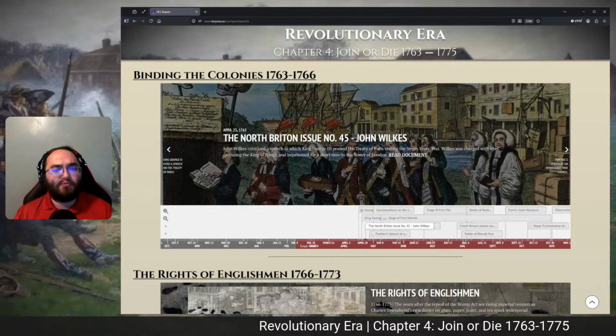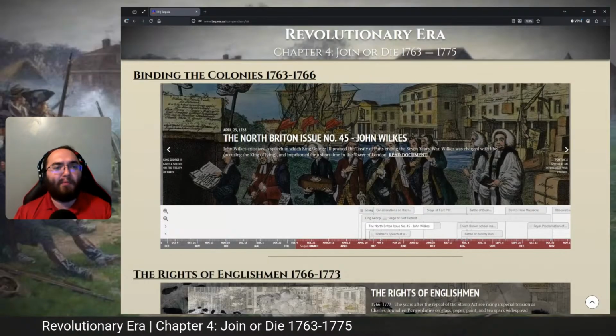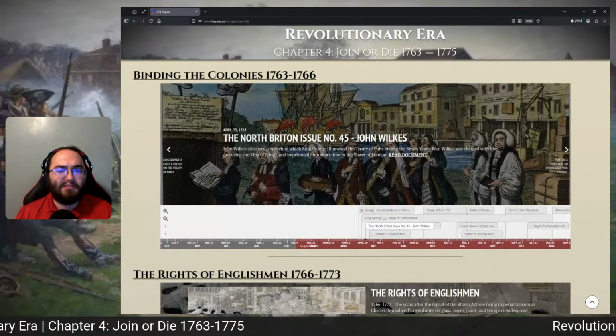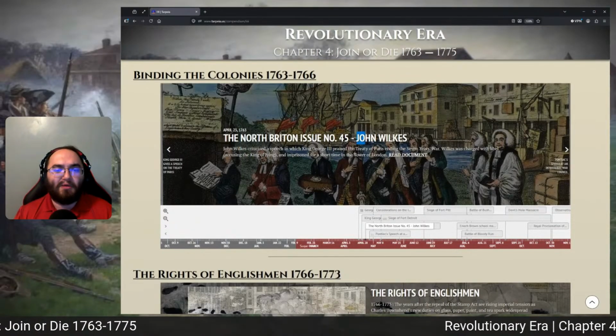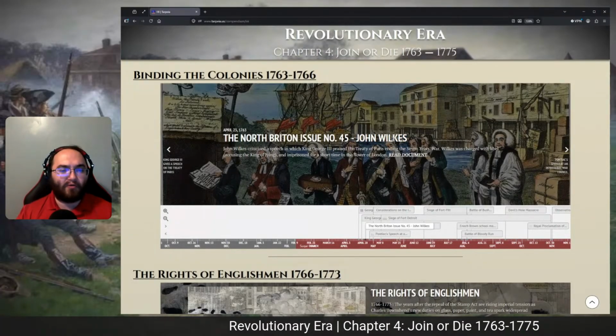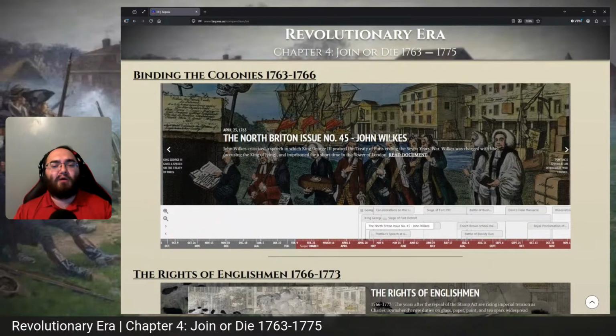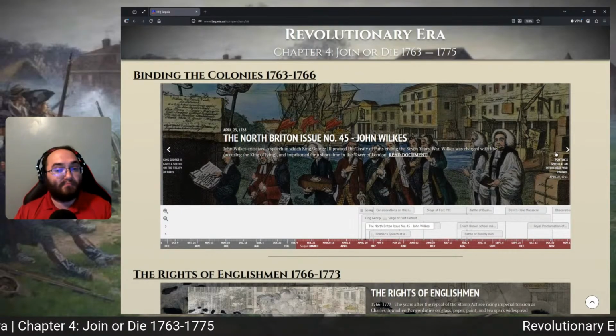If they're arresting their own members of Parliament, what's stopping them from arresting the common folk for criticizing the government? And so this is an early sign of the British going a little too far, as they always do, when it comes to restricting free speech, which will cause suspicion in the colonies.